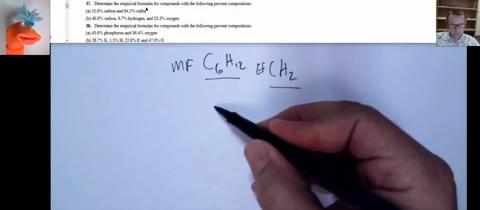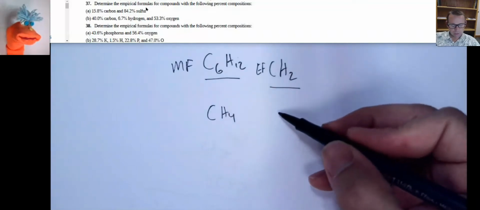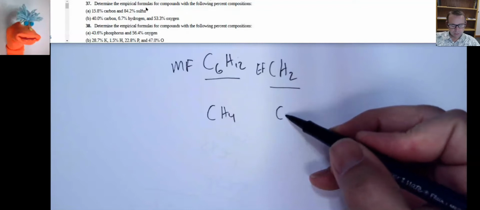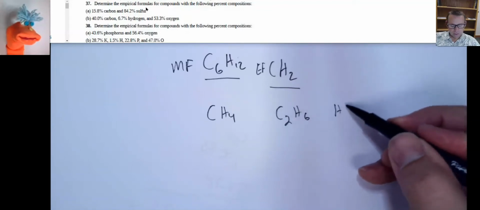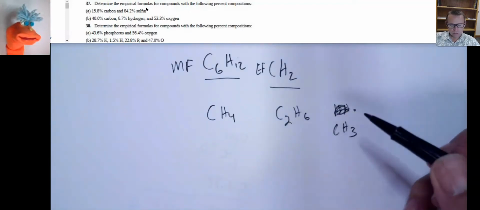So sometimes it's possible to have compounds that have chemical formulas like this. Well, a better example is CH4, no, that won't work. CH4, C2H6, CH3.